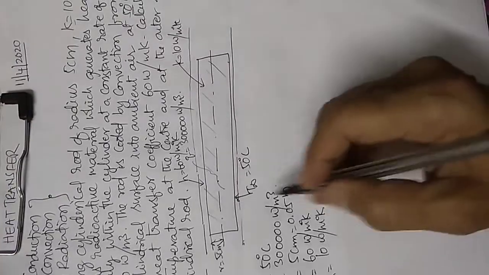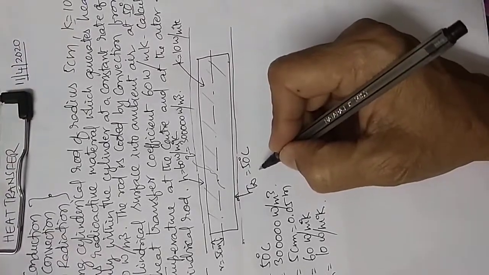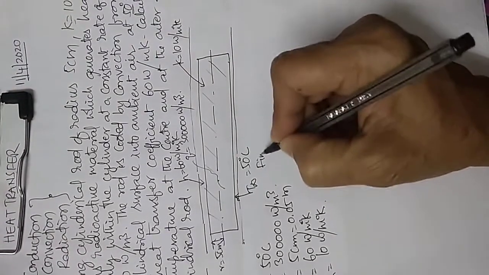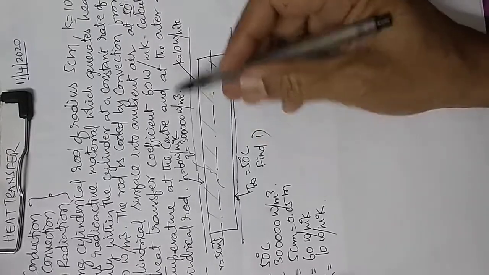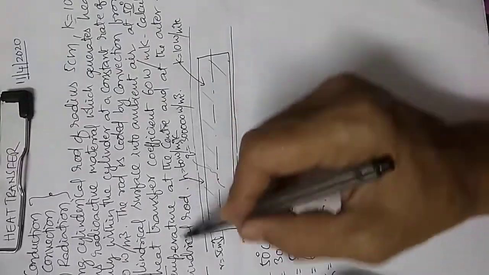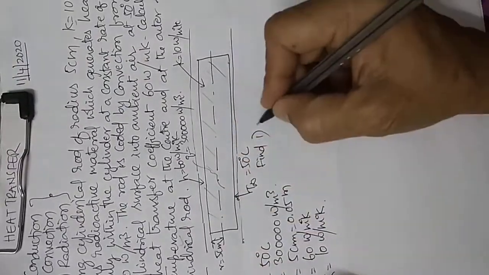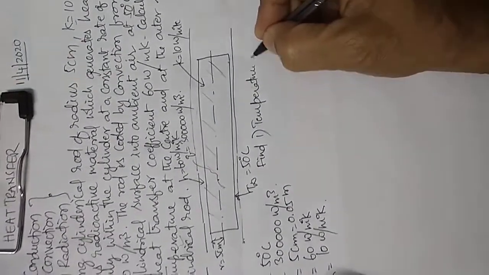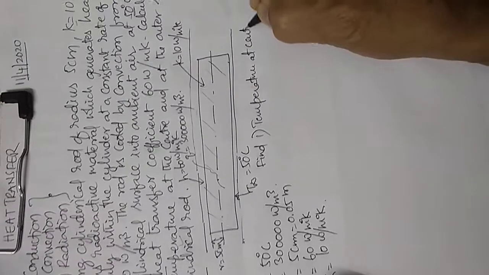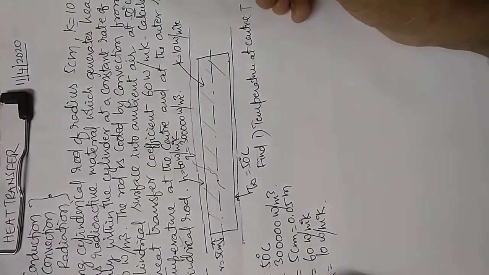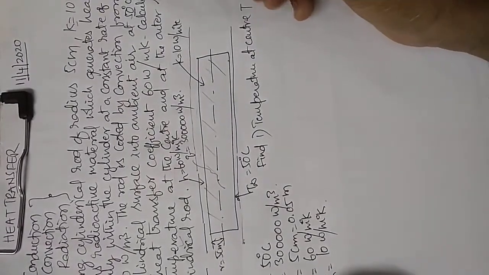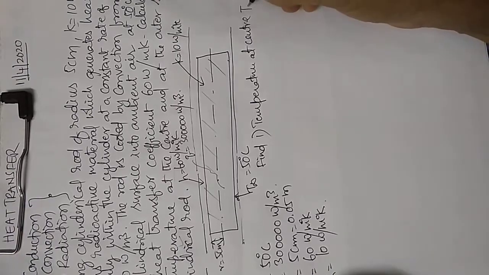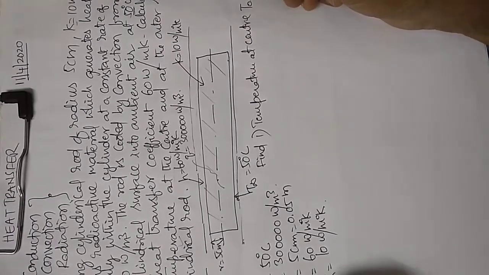So this is the information given, and we have to find, number one, the temperature at the center of this rod. We can indicate that as T0, the temperature at the mid plane.